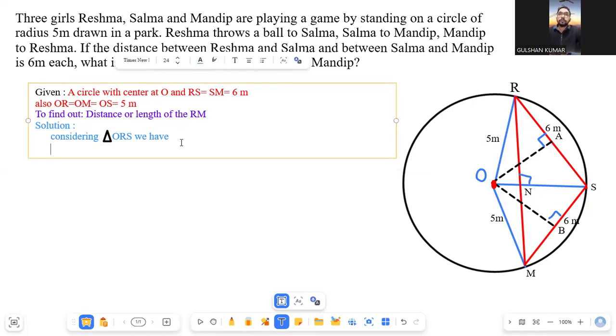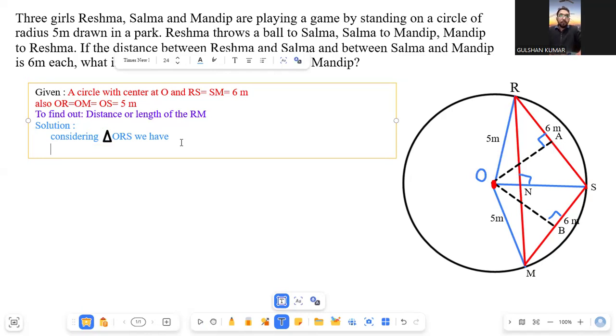So we have to consider this ON as the perpendicular, and this base is RS. OA is the perpendicular, and RS will be the base.